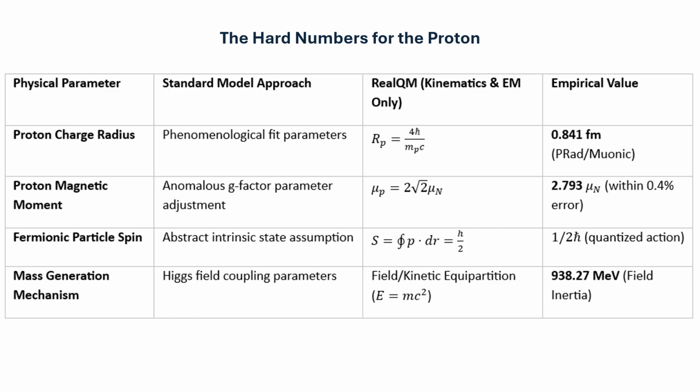This 0.4% error is not a model failure, not at all. First, it is still within the experimental uncertainty of the measurement of the magnetic moment, and secondly, it's sort of like a physical signature.